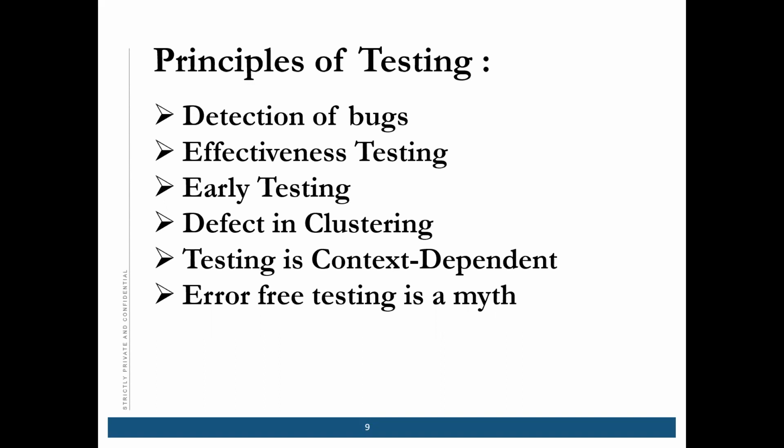Until your project or the application under test has a straightforward structure or limited input, it would be achievable to check all the feasible sets of data, modules, and scenarios. So that is called effectiveness testing.